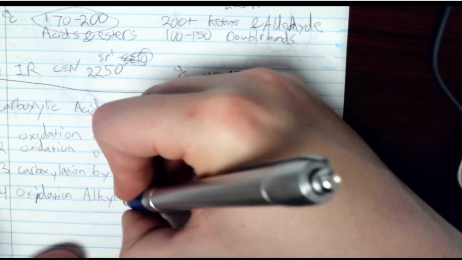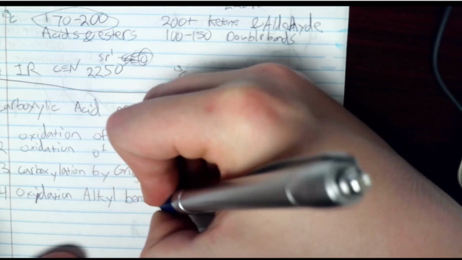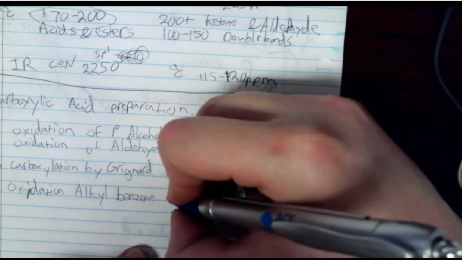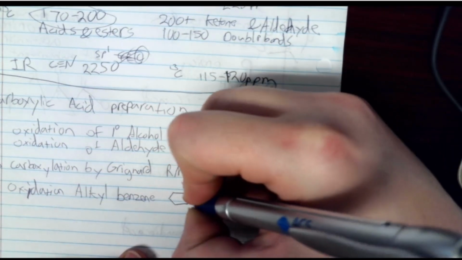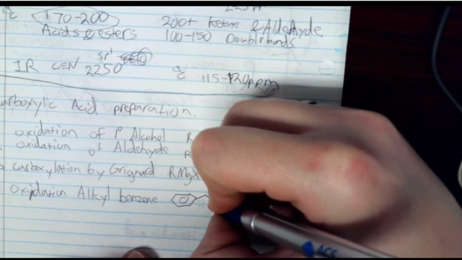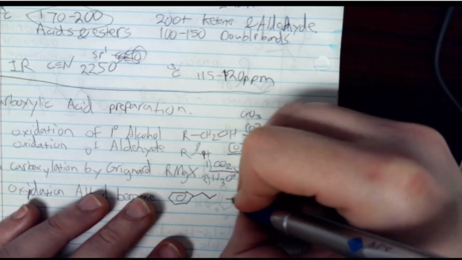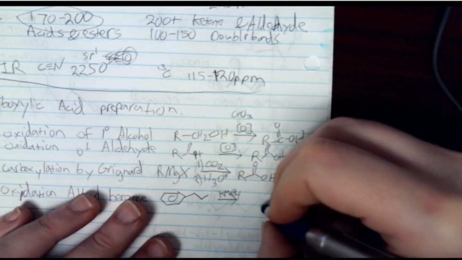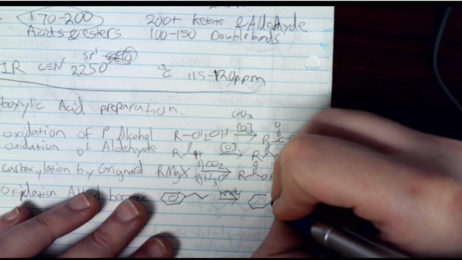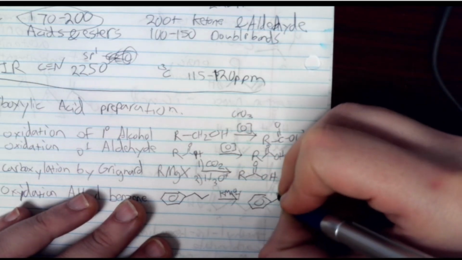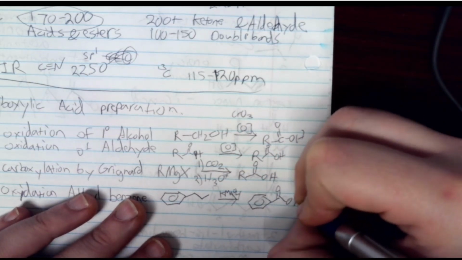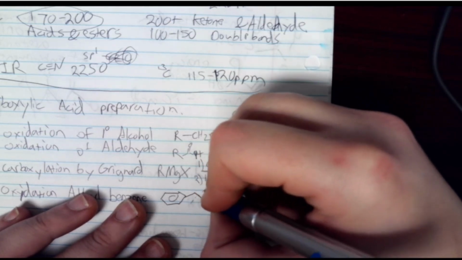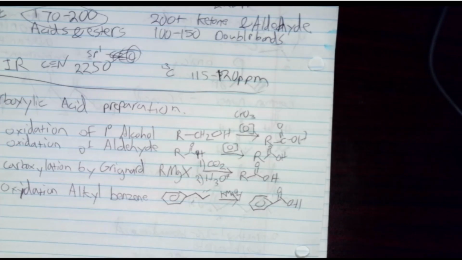We talked about this at the end of our electrophilic aromatic substitution, where if I have some sort of benzyl alcohol and I use potassium permanganate, doesn't matter what, we get a benzoic acid. It cleaves off this bond at the benzyl position.